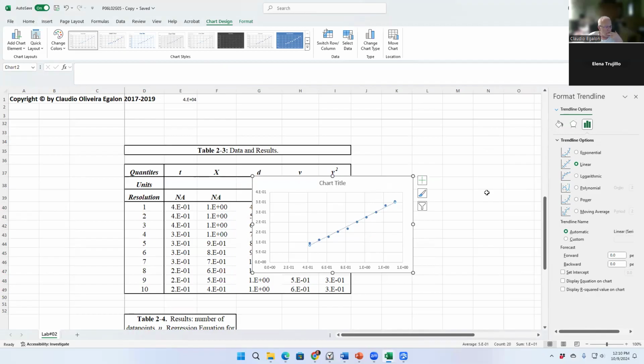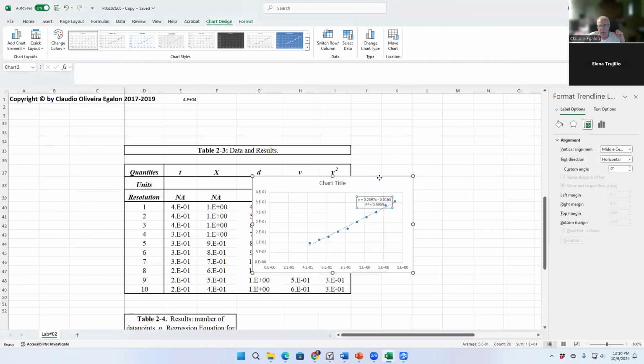Check display equation on chart, check R square value on chart. That's what you have to do to display those values here.